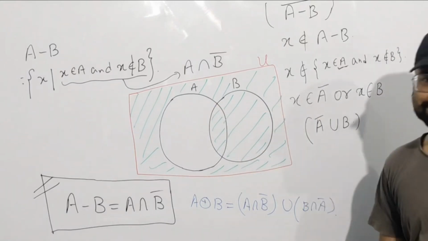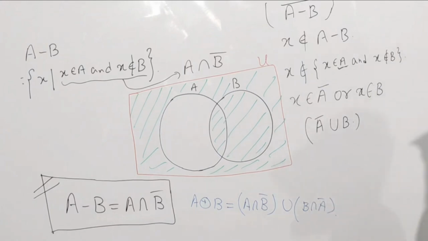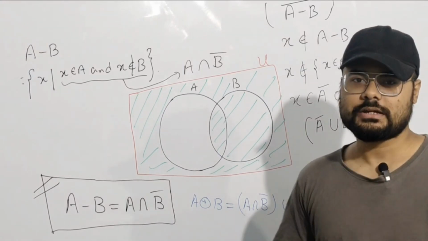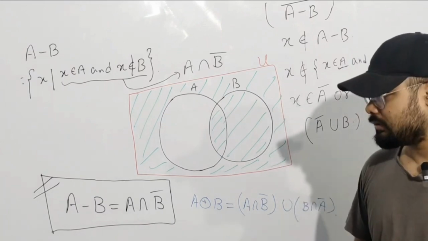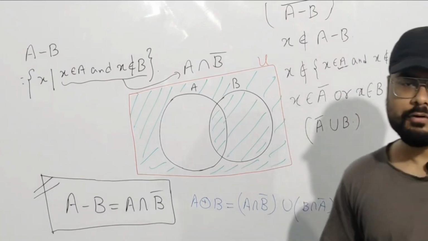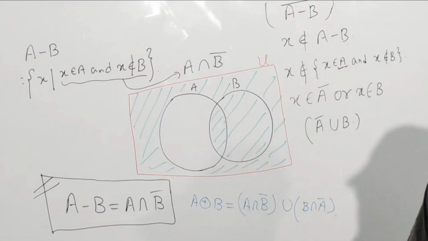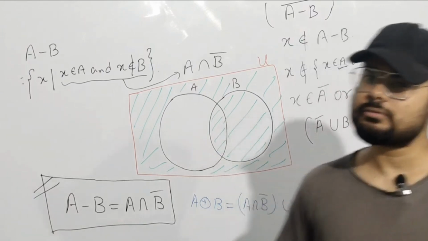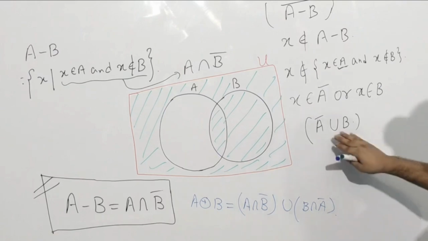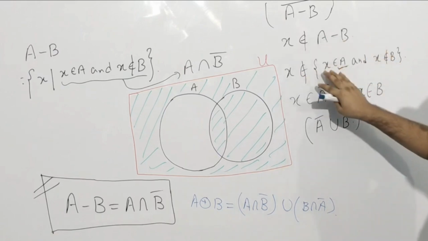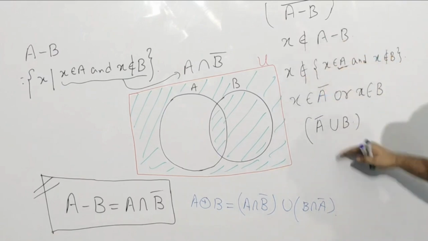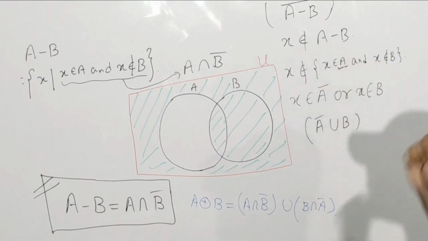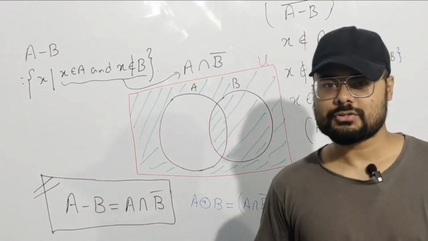So this is true. What I'm saying is that you don't have to actually remember all of these. In any book, there are many formulas, but all of them you can get from the very basic definitions. You just have to master De Morgan's law.